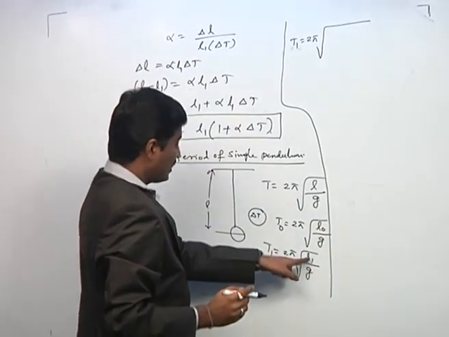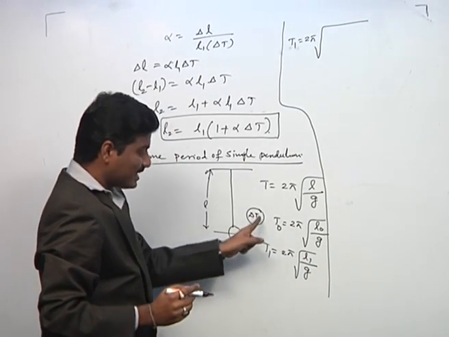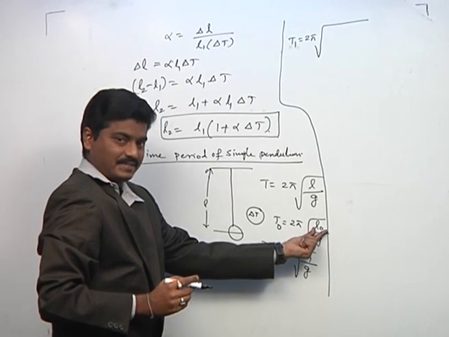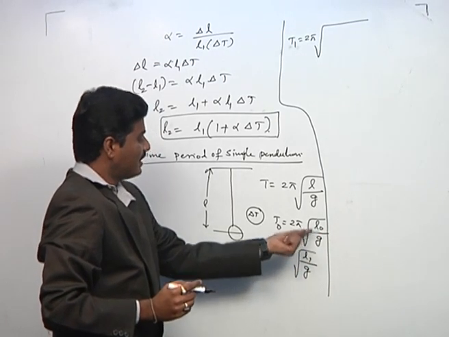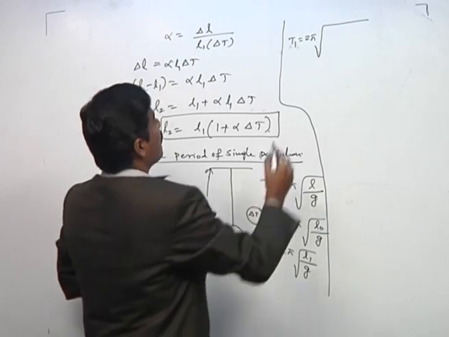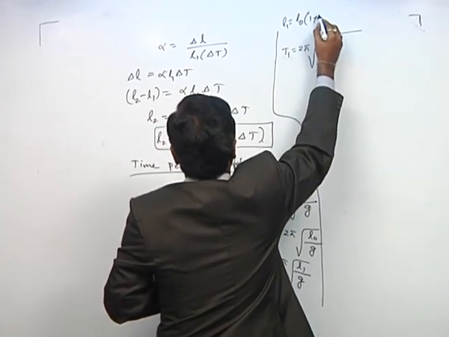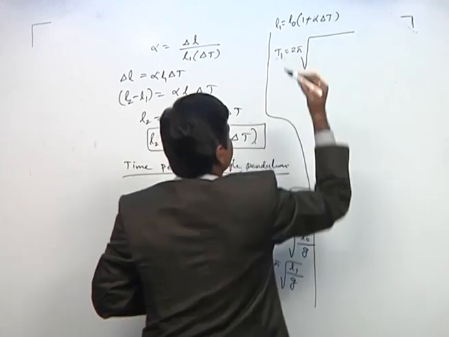So what happens is that as the temperature is increased by an amount of delta T, at which L0 is present, the relation between L1 and L0, by using this equation, how can we write down L1 is equal to L0 into 1 plus alpha delta T here.